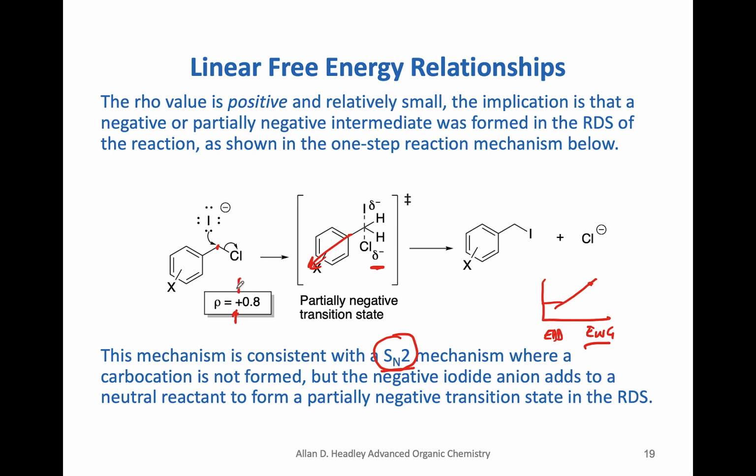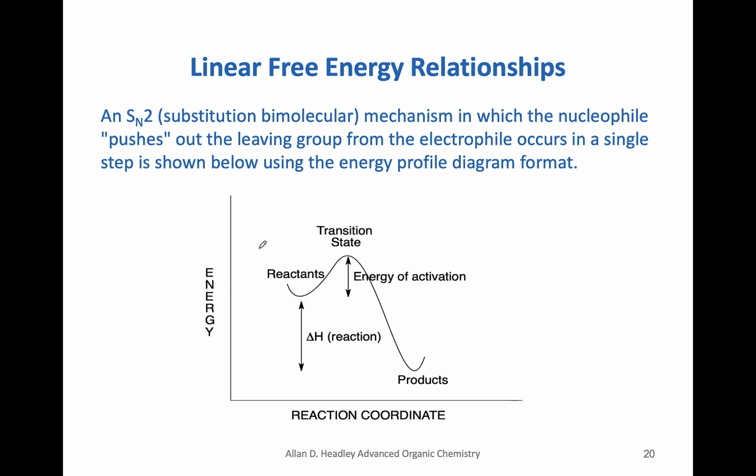Notice again the slope is positive, which means that the transition state is in this case partially negative, because the nucleophile, which is negative, comes into this carbon while this is leaving. And of course the transition state here looks like this. One step, also called a concerted reaction.